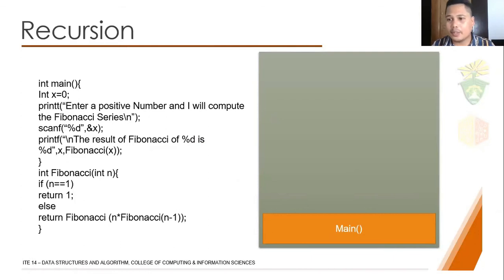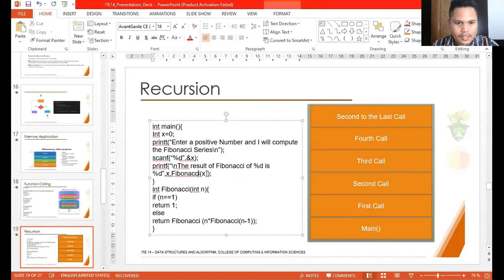So this is an example of recursion. No, with katong Fibonacci, I think I already. So let's change this code into factorial. So this is what I mean, but based sa recursion na example.